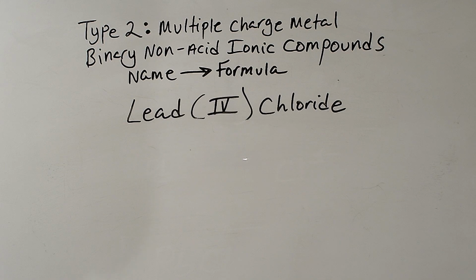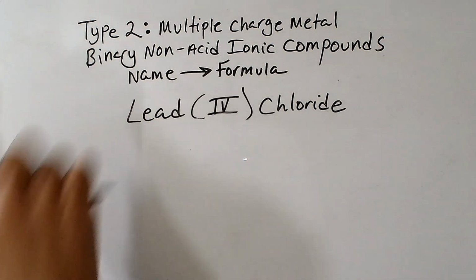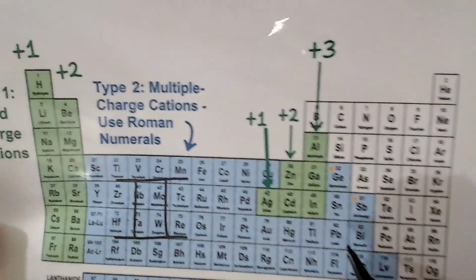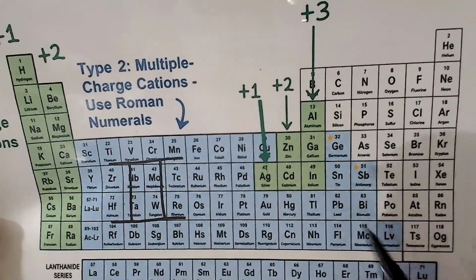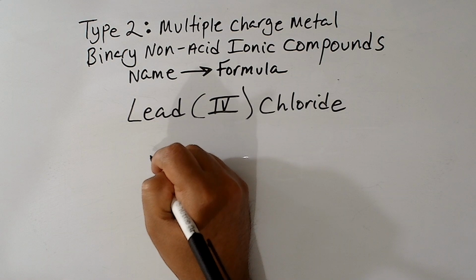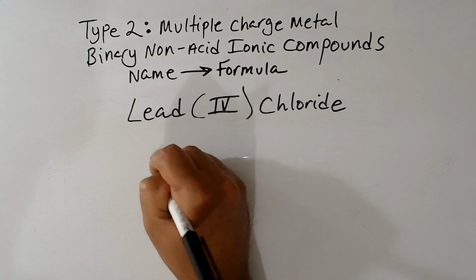Okay, now let us look at lead(IV) chloride. I know this compound is a type 2 because the cation is found within the blue region. It's Pb, its chemical symbol. The first step is to write the chemical symbols and their charges.